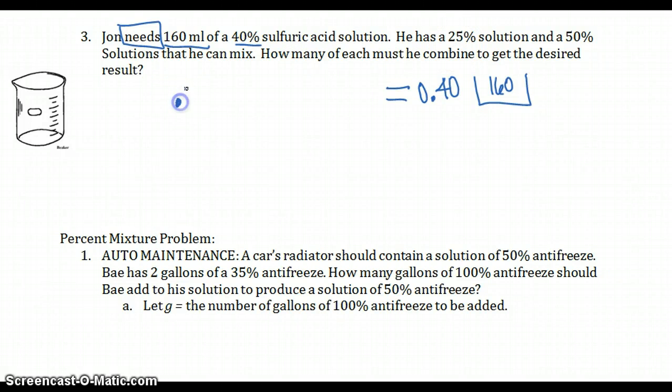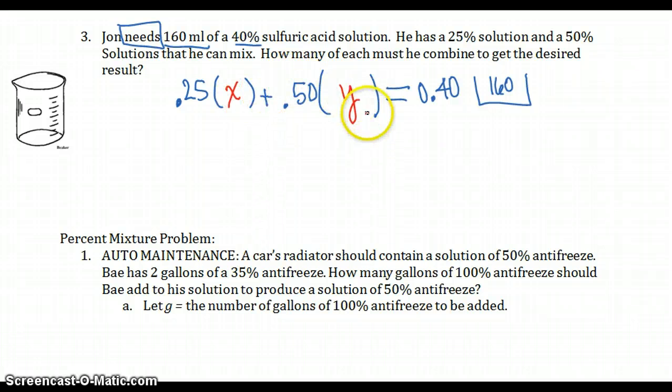So he's got 25% sulfuric acid plus 50% sulfuric acid, and we're adding those to end up with 160. Now, somebody might think, well, I don't know how much of the 25% and I don't know how much of the 50%, so let's give them each a variable.